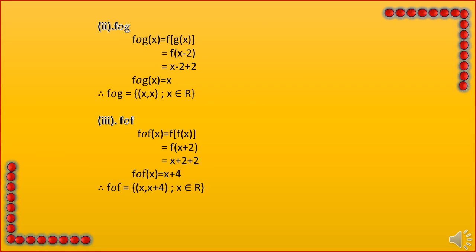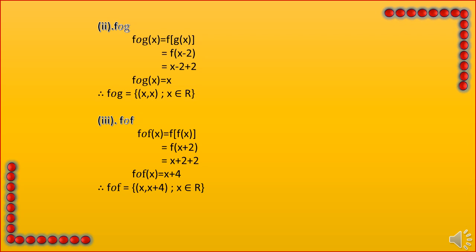The second option is f composition g. f composition g of x is equal to f of g of x is equal to f of x minus 2, because in the statement g of x is equal to x minus 2, is equal to x minus 2 plus 2, because f of x is equal to x plus 2 is noted in the statement.